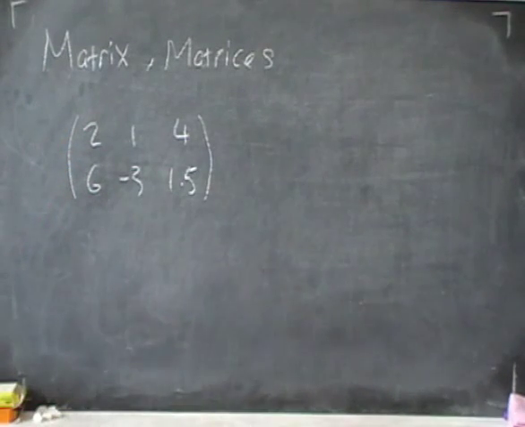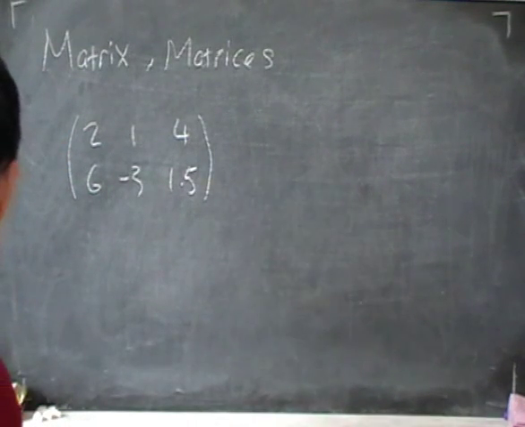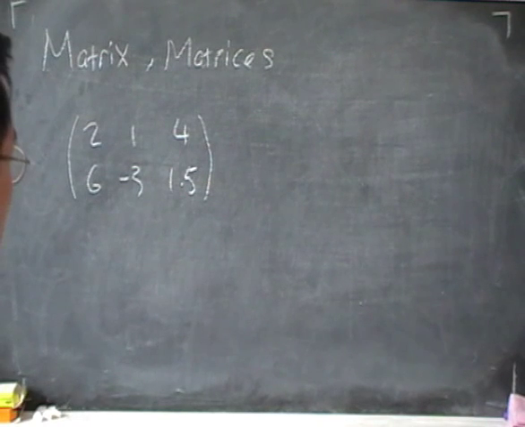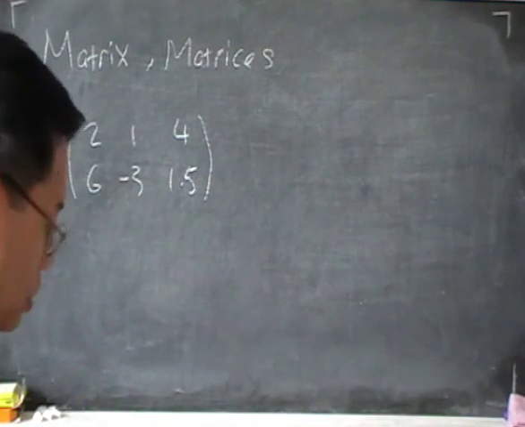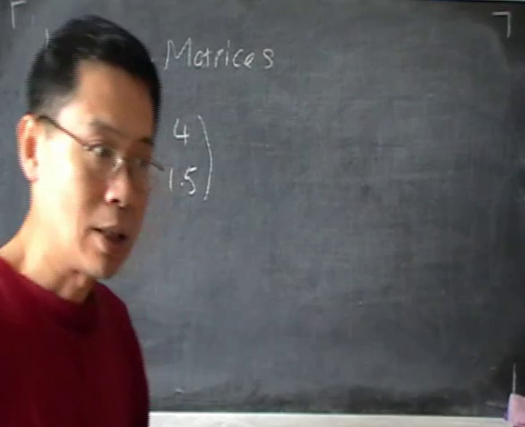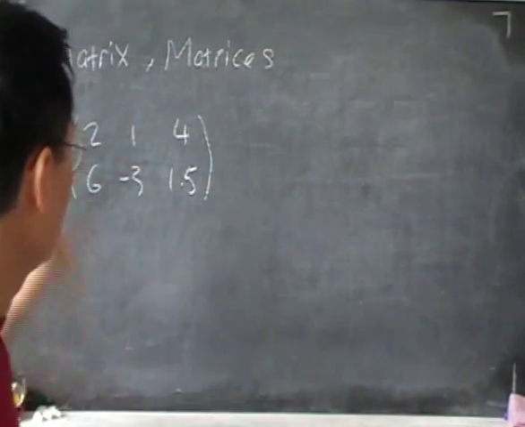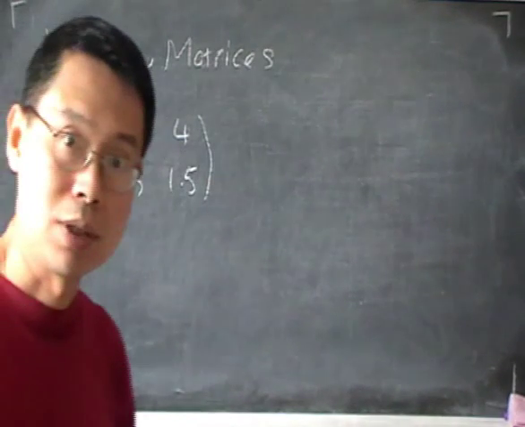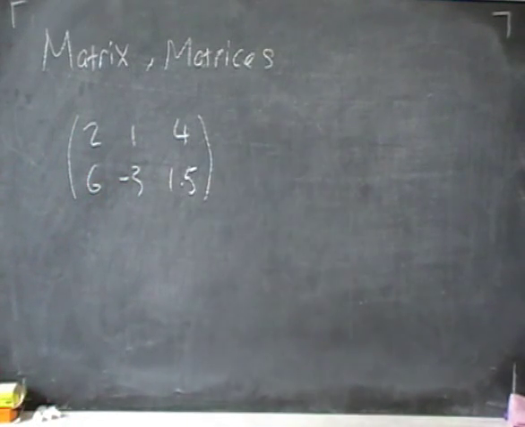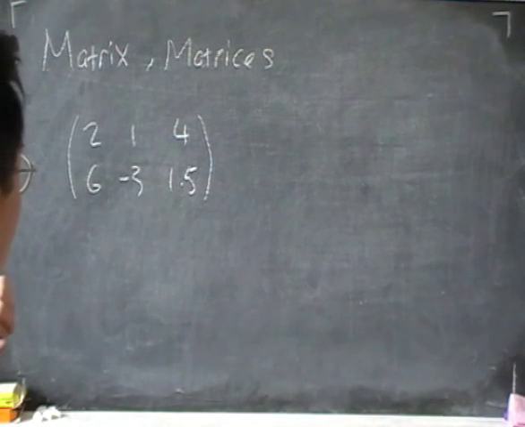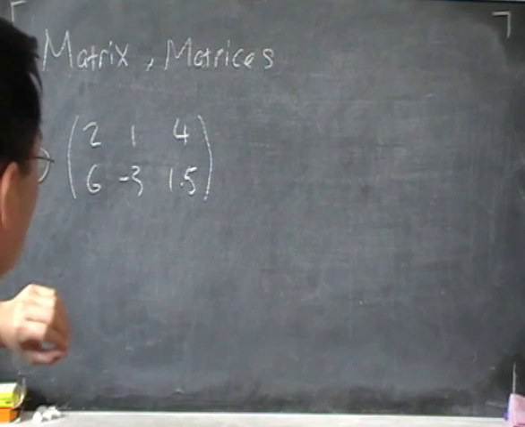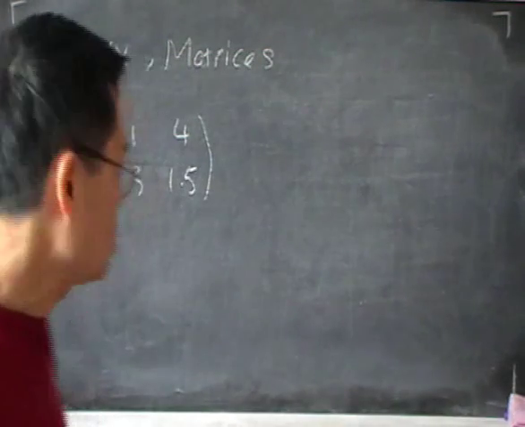Right, so we have one example of a matrix here, and in order to learn more about it, we need to learn some words, some names to describe matrices and some notations as well. Okay, so I've already mentioned 2 terms which are often used.